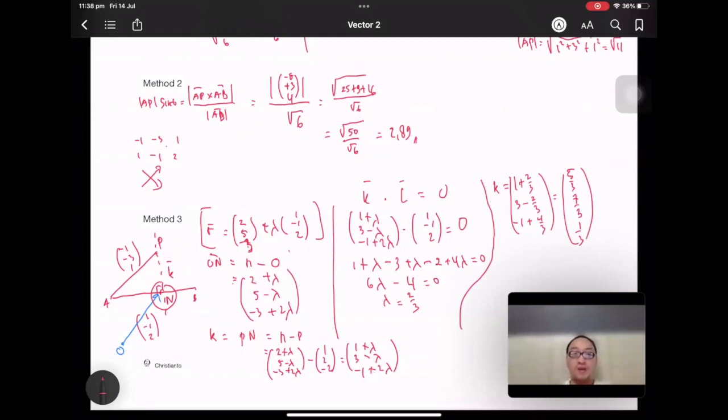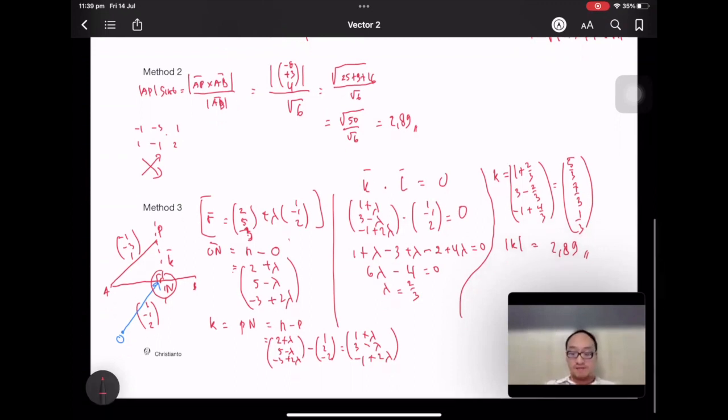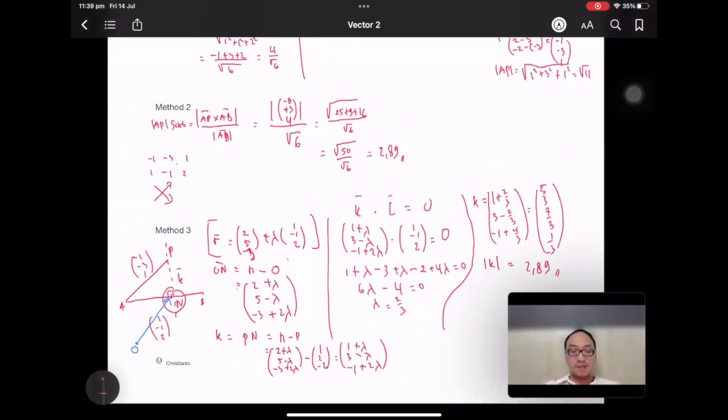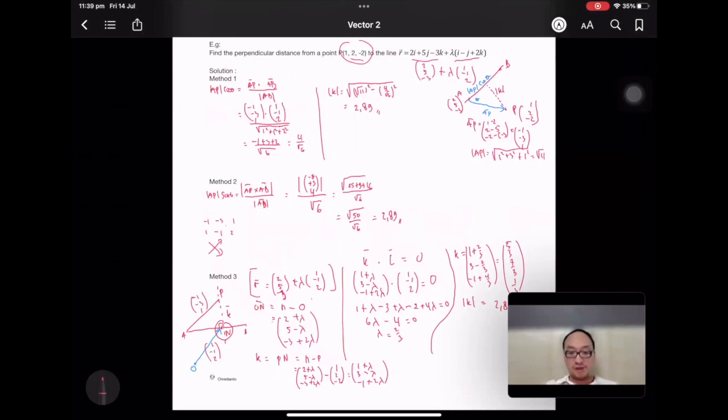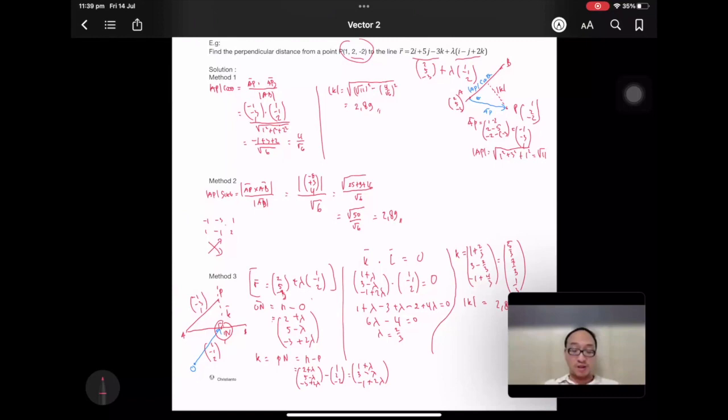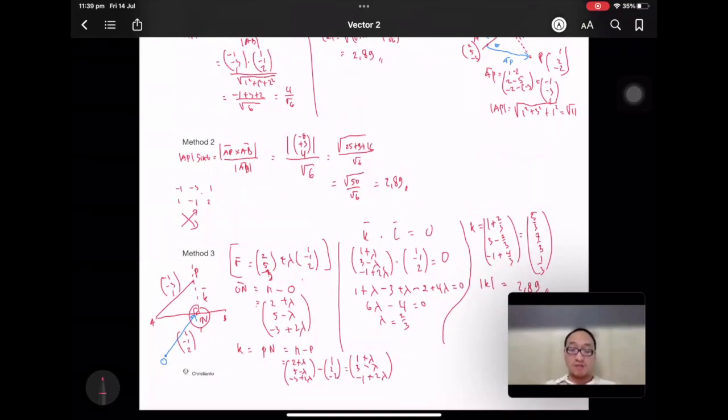To find the perpendicular distance, we need to find the magnitude of k. So the magnitude of k here is equal to 2.89. So all the three results have the same answer, so you may choose whichever one is easier for you, because they have the same answer.